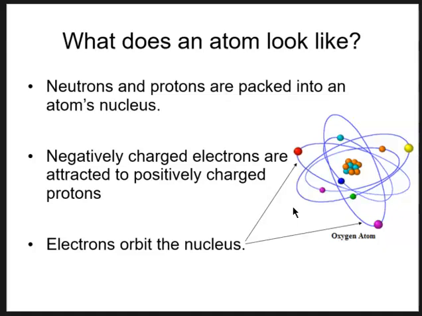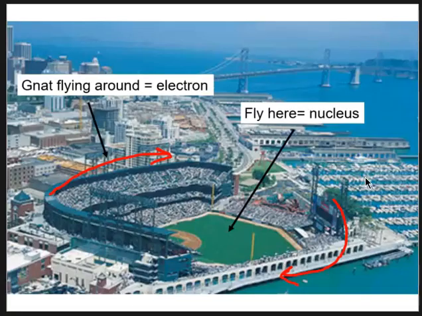Okay, and as far as the size of the nucleus compared to the size of the electron cloud, which is basically the orbiting electrons, everything that makes up the atom outside of the nucleus, here we have the San Francisco Giants ballpark, which gets its name changed all the time.